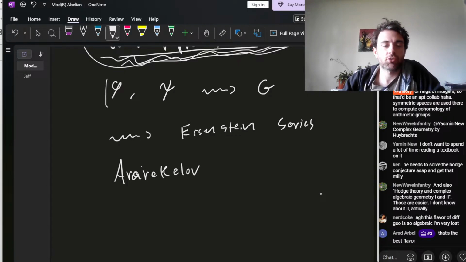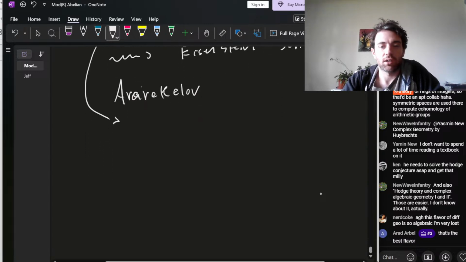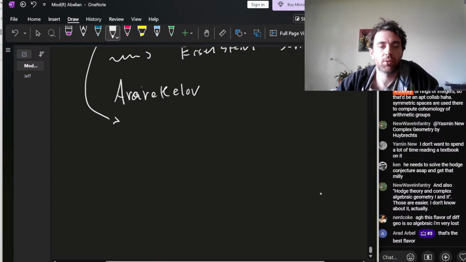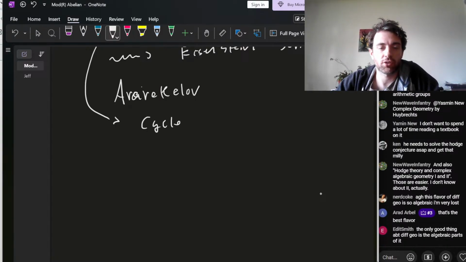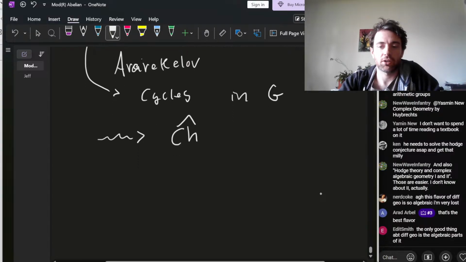Because somehow, part of why these forms matter, there's one part where they're connected to representation theory, but then there's another part where these forms somehow should also correspond to certain cycles in G, which then also compare to this arithmetic Chow group.